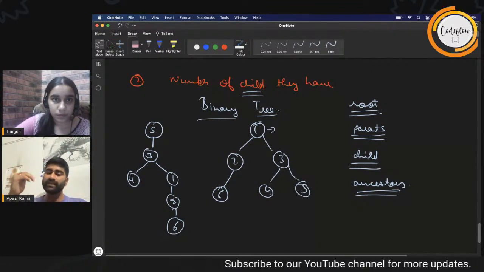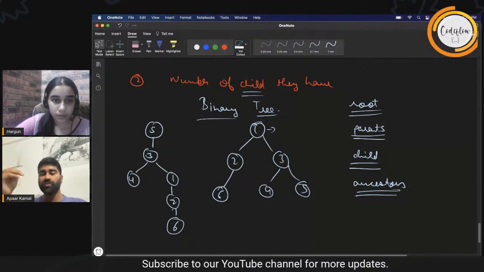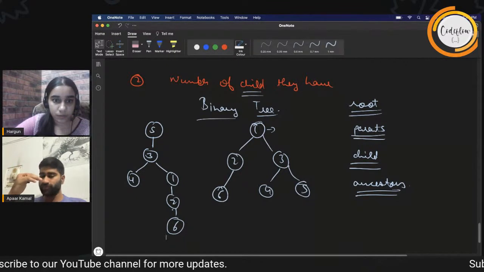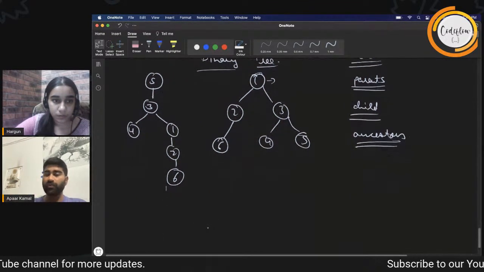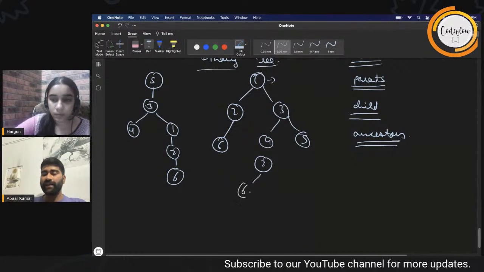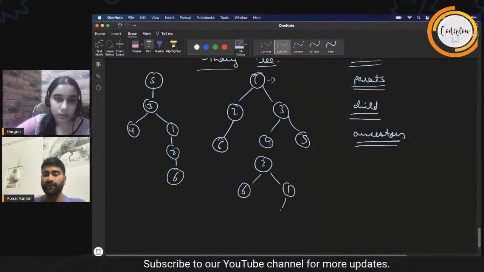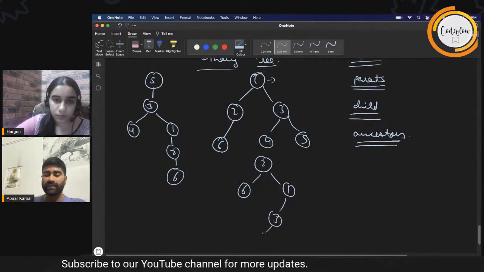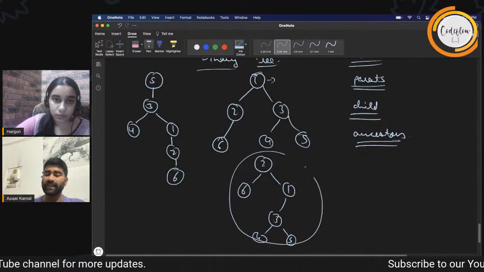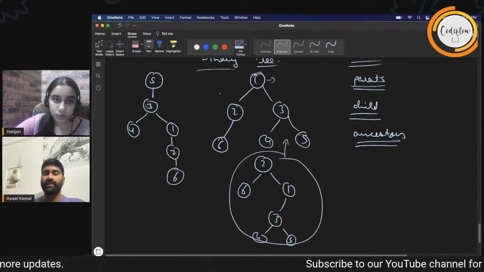But what's the difference, guys? The difference is the root node. Earlier we had 1 as the root node, now we have 5 as the root node. Similarly, we can have 2 as the root node. From 2 I can have 6, I can have 1. From 1 I have 3, from 3 I have 4, and from 3 I have 5. So this is another same structure of the above tree.